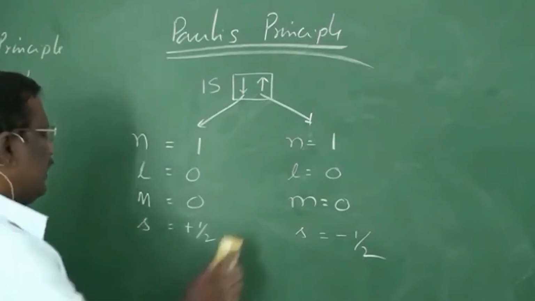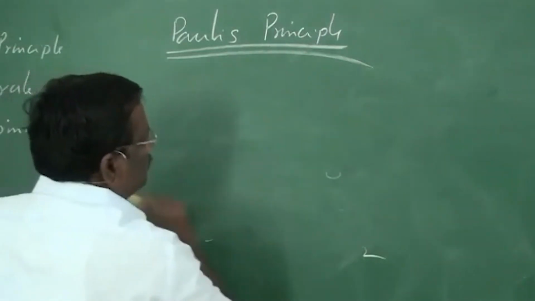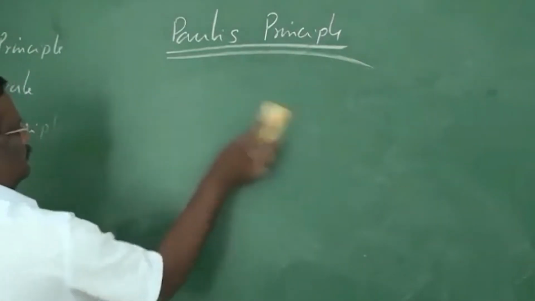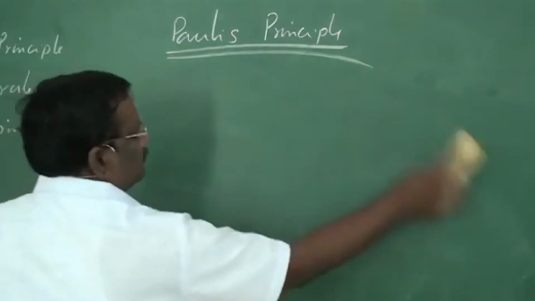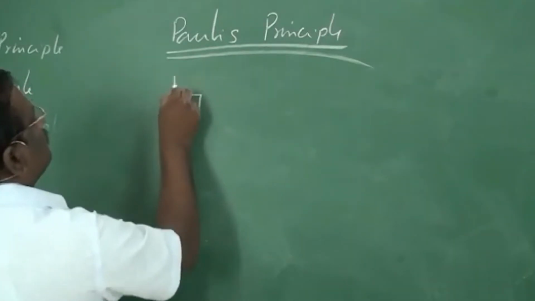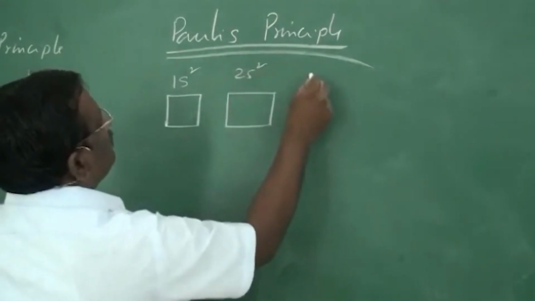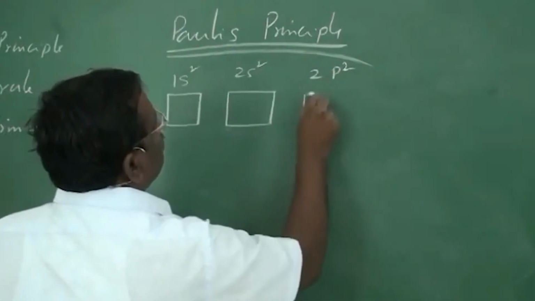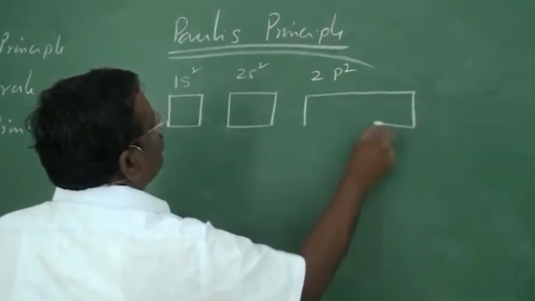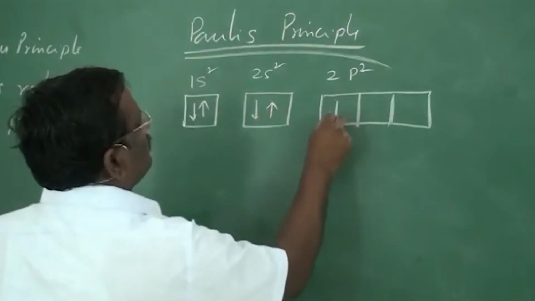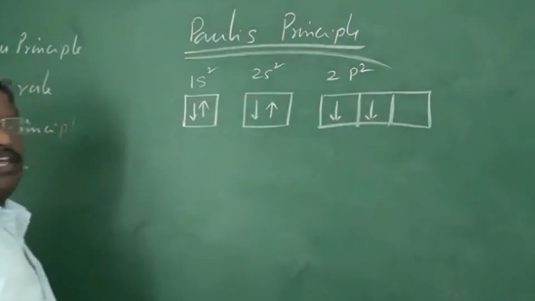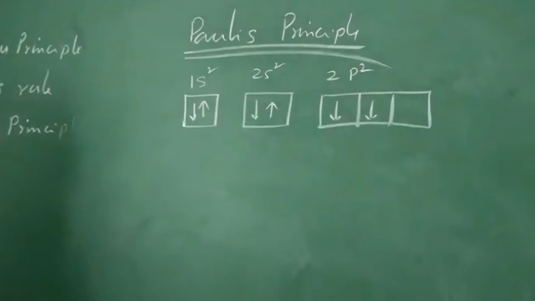Okay, now let us verify another example. This is the electronic configuration of carbon: 1s2, 2s2, 2p2.